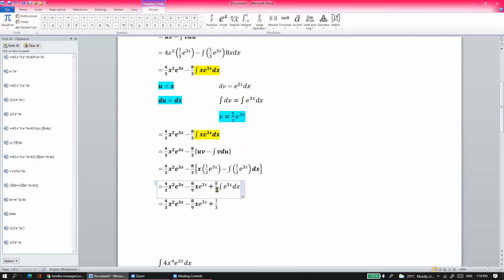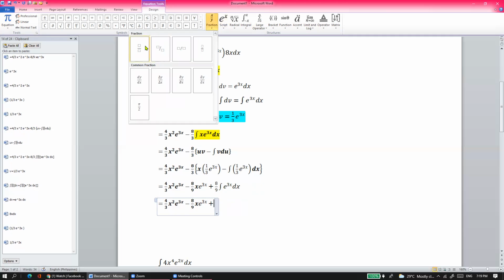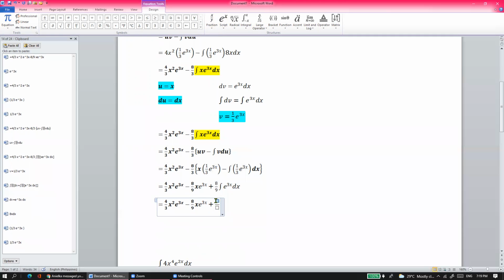So, 8/9. So, 8/3, magiging positive 8/9. And then, ano yung integral ng e to the 3x? Di ba't 1/3 e to the 3x din yan? Copy?